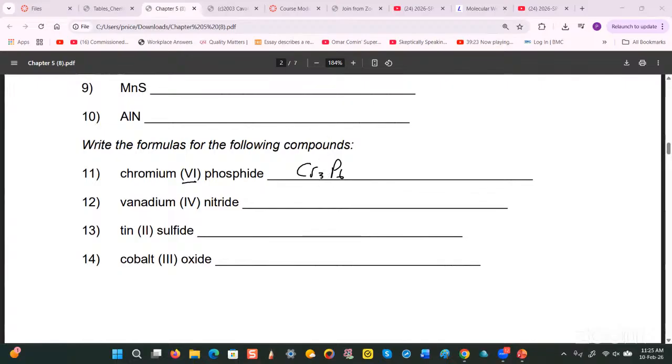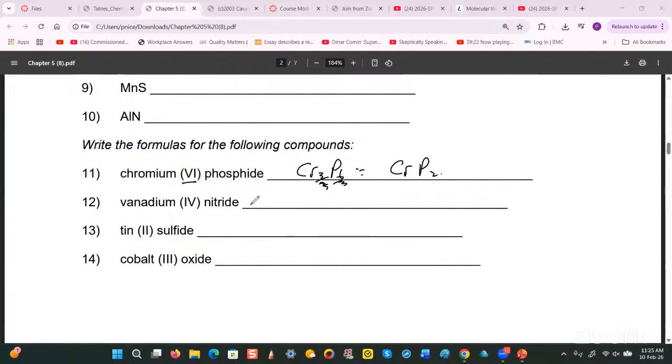What's the term they use? The lowest terms. So it would be Cr3P6 divided by 3. You divide both of these by 3, so that would be CrP2. Yeah, CrP2, okay.